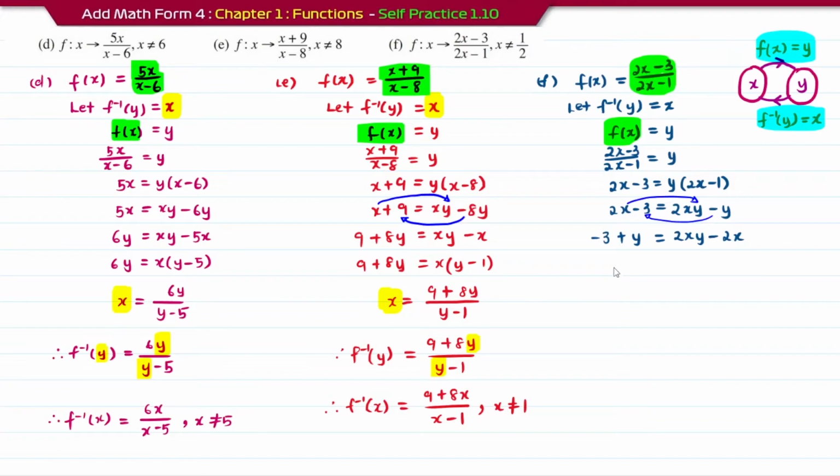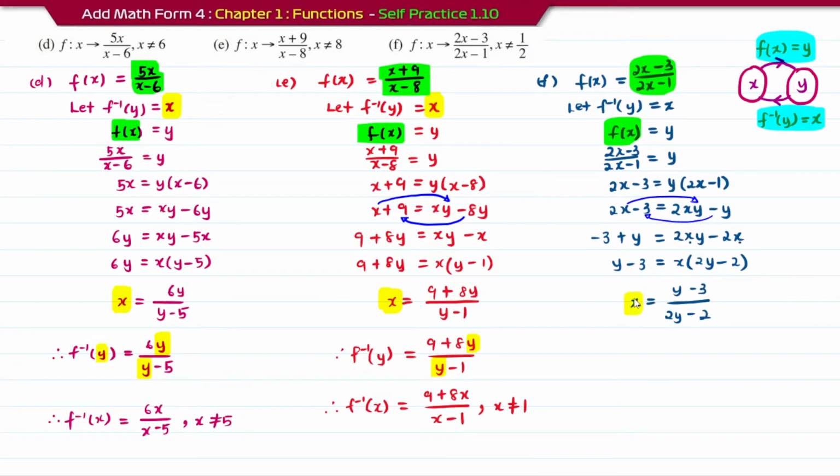So this one I can rearrange it. So it will be y minus 3 equal to, so do the factorizations for this part because we have the common factor of x here. So x brackets 2y minus 2. To let x become the subject of the formula, move this one to the other side. So it will be y minus 3 over 2y minus 2.